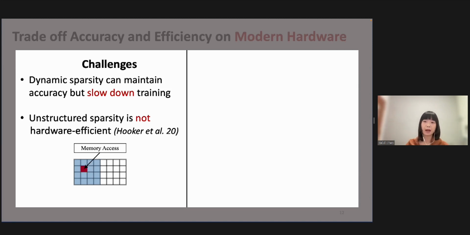Here's an example of memory access. Compute is very similar. The point is, for GPU or TPU, these are block devices, so the access of this red spot is the same as accessing these blue 4x4 locations. So even with 99% random sparsity, we'd still need to access the full matrix because of this.